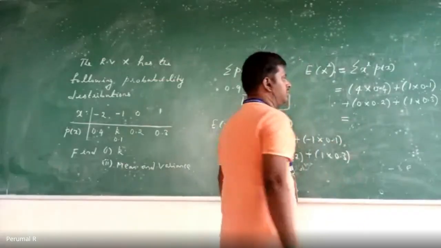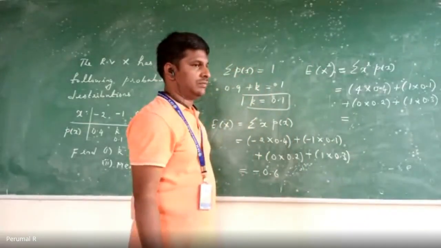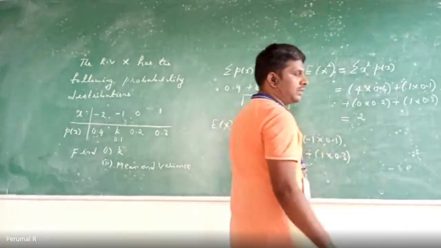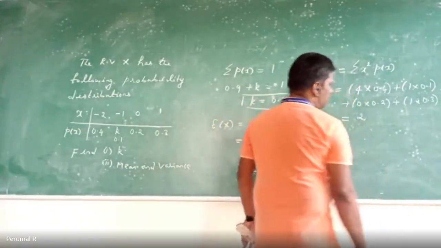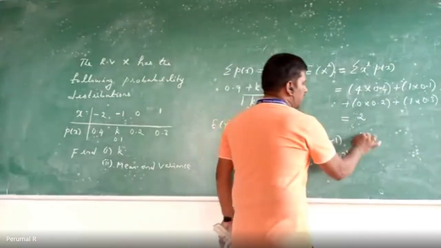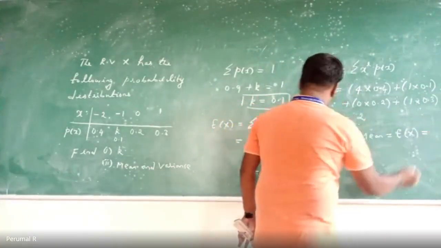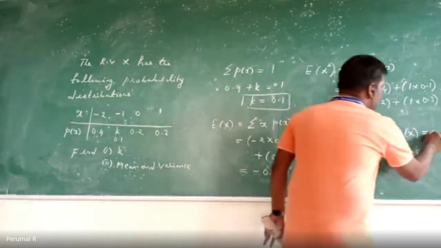What is the answer? 2. It's correct. So you can write mean equals expectation of X, so expectation of X is minus 0.6.